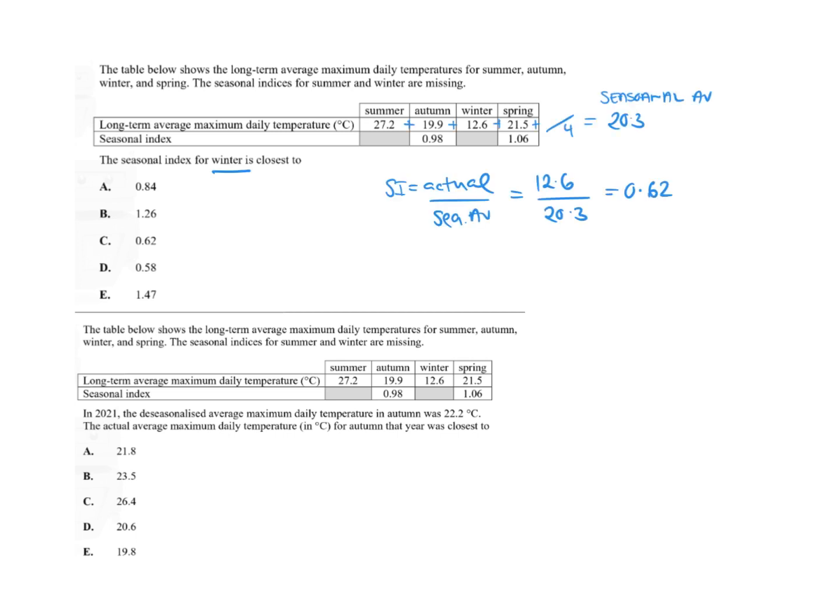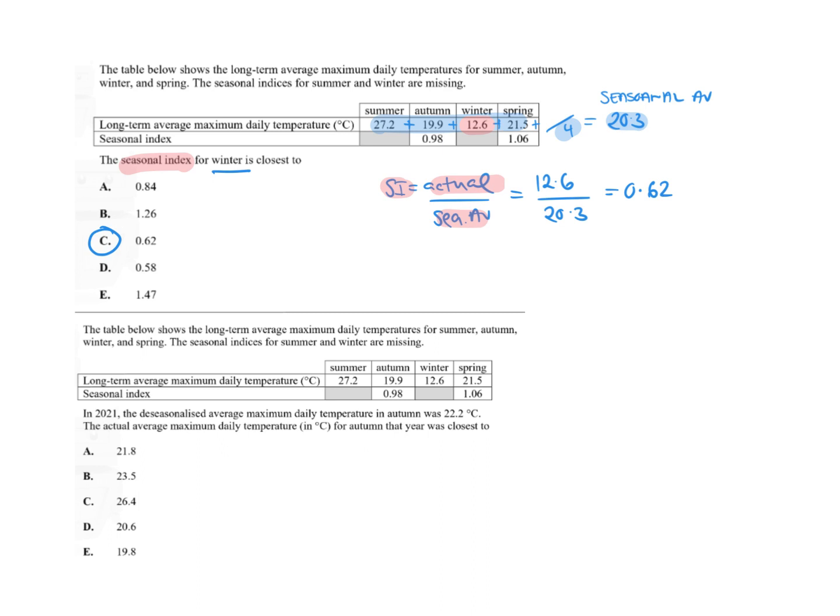So you had to calculate the seasonal average, which meant I had to add all these up and divide by 4, and I got 20.3. The seasonal index formula is here. What actually happened in winter was 12.6, and the seasonal average was 20.3, which I just worked out. So I end up with an answer of C.